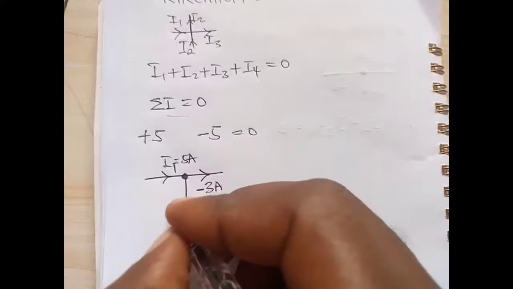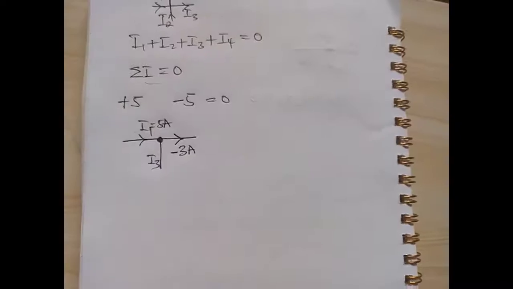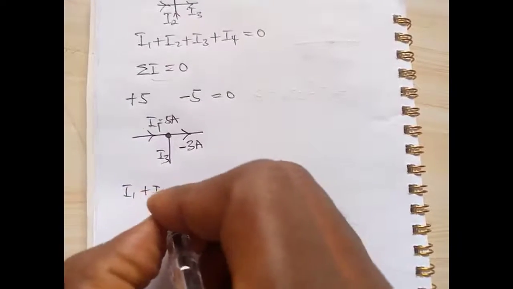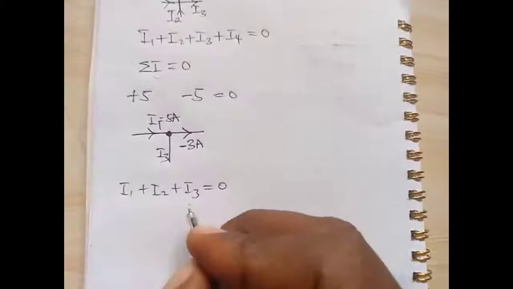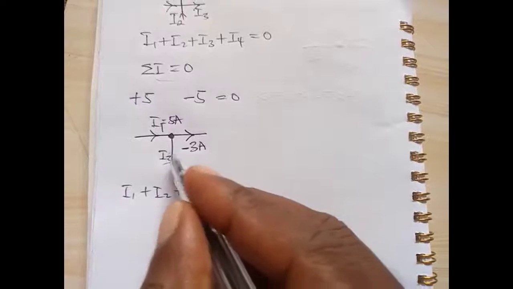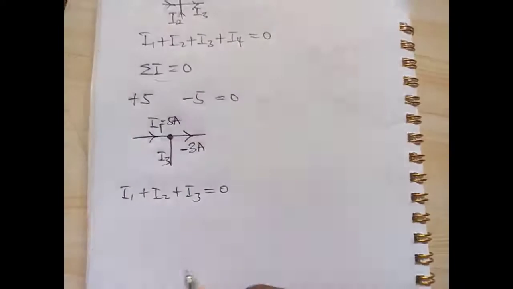Then let's find I3: I1 plus I2 plus I3 equals 0. If the value of I3 is negative, it means I3 is leaving the junction. If it's positive, it means I3 is entering the junction.